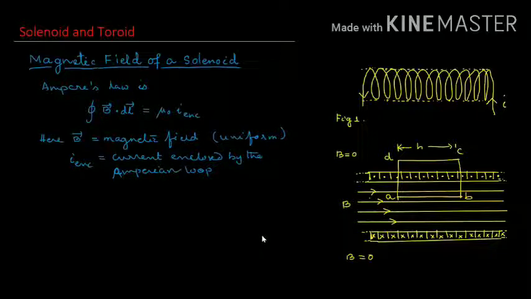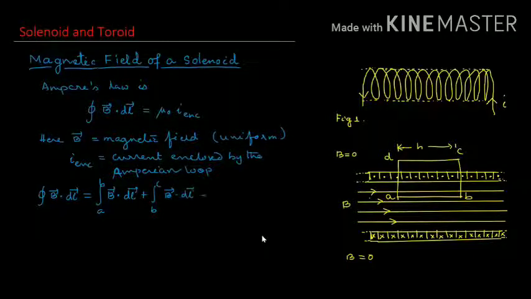It has 4 segments: AB, BC, CD and DA. So the line integral of magnetic field is equal to the integral from A to B of B dot dl, plus the integral from B to C of B dot dl, plus the integral from C to D of B dot dl, plus the integral from D to A of B dot dl.